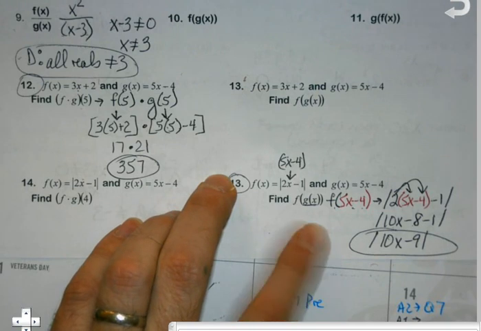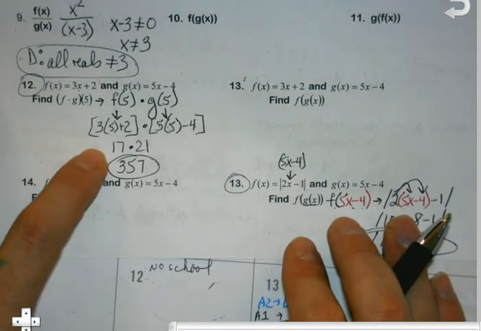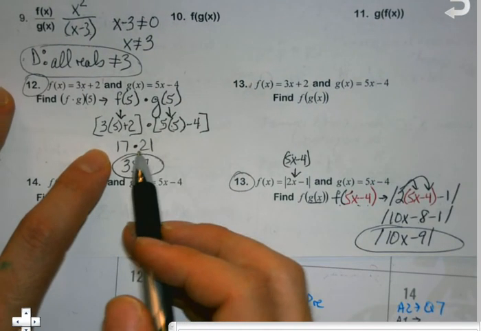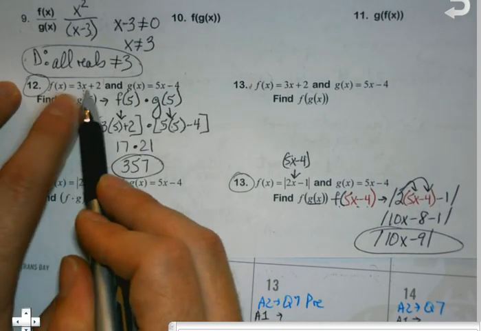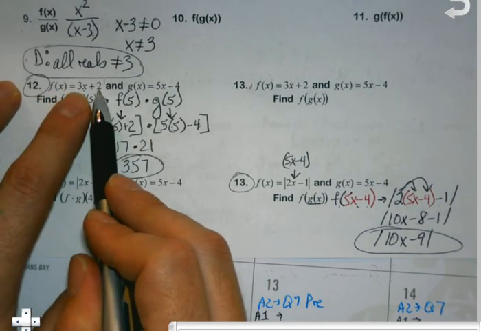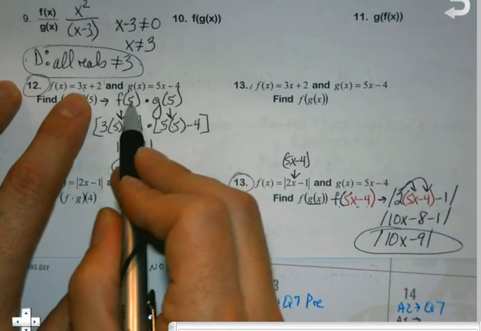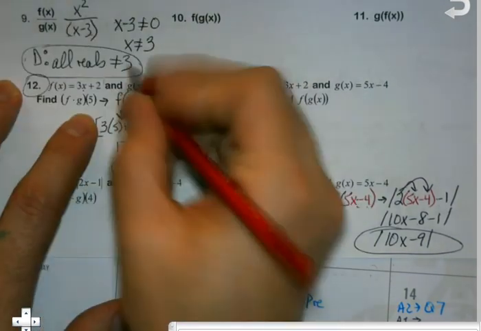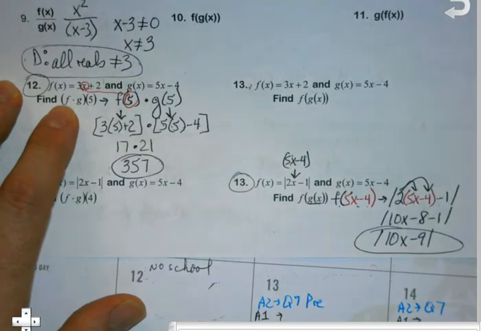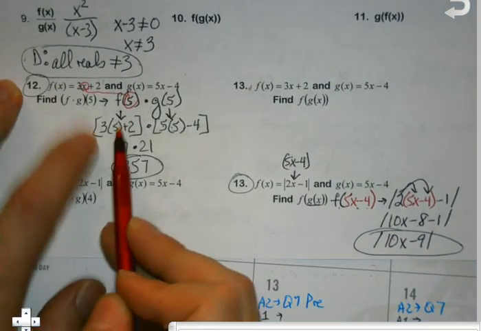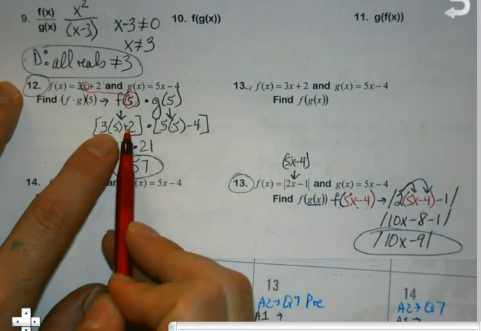Okay. So 12, the difference back here is f of 5. So again, my function at x is 3 times x plus 2. But whatever's in the parentheses is going to replace x. So 3 times 5 plus 2.